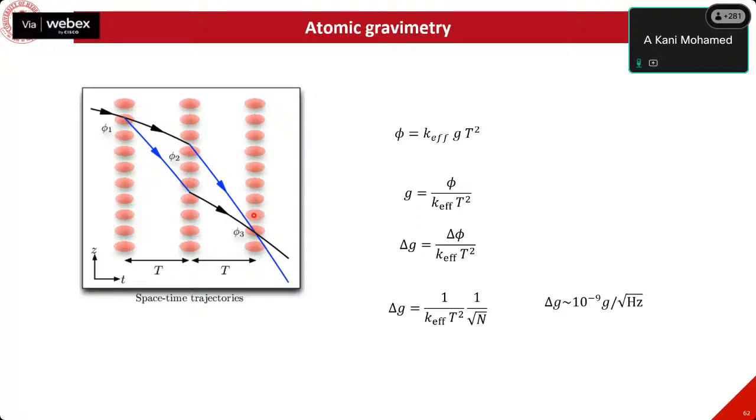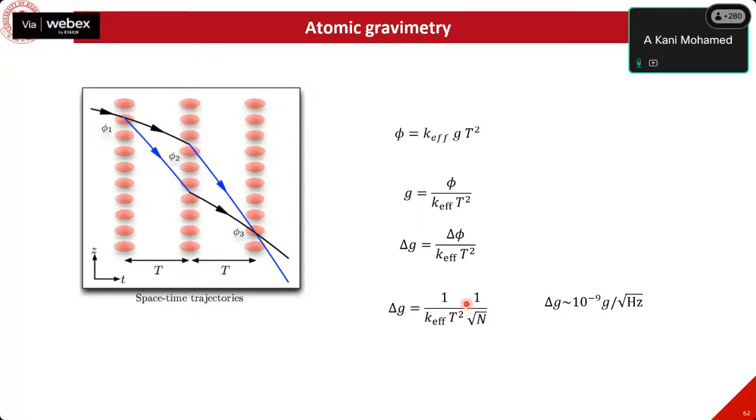So this number is typically like 10 to the power 6. We cannot have a huge number of atoms cooled simultaneously and trapped in an optical trap, because even small fluctuations will try to kick atoms outside the trap. So we have a limit on the number of atoms that can be cooled and trapped within the optical dipole trap before starting the experiment, like 10 to the power 6 maximum.